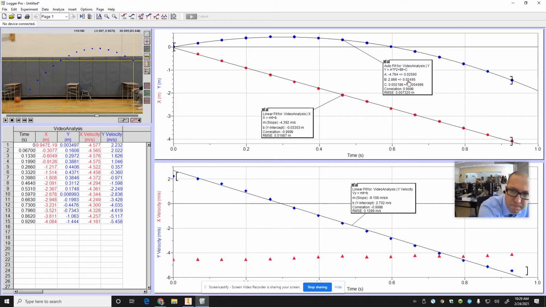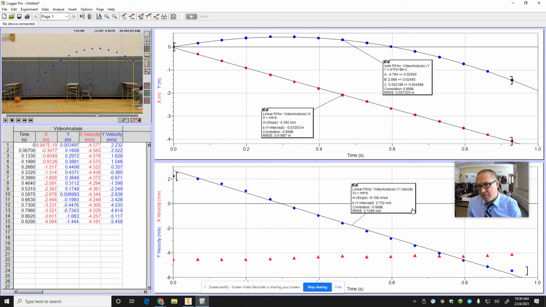Because if this follows El Grande, delta y equals 1/2 a_y t squared plus v initial t, the term that's showing up here, capital A in our curve fit box, is 4.764. All right. So if I double that, it's going to tell me what the acceleration is. 4.764 times 2 is about 9.5.